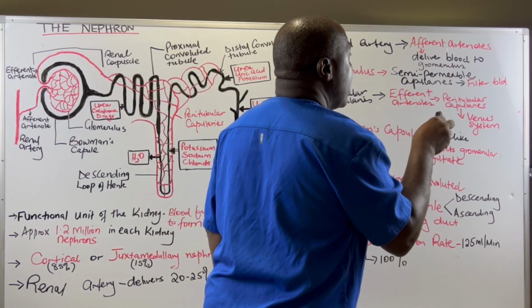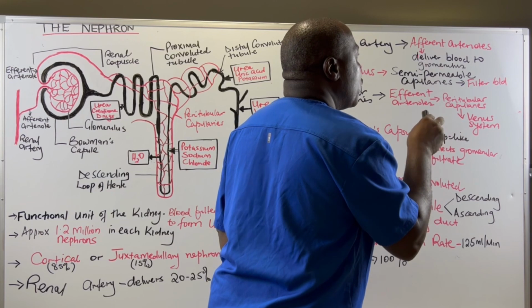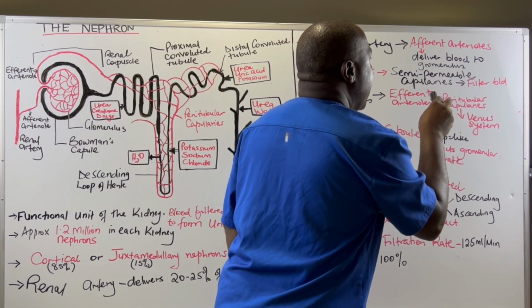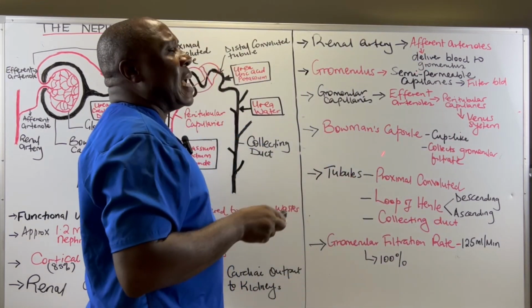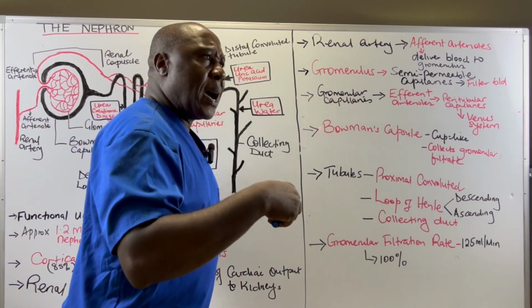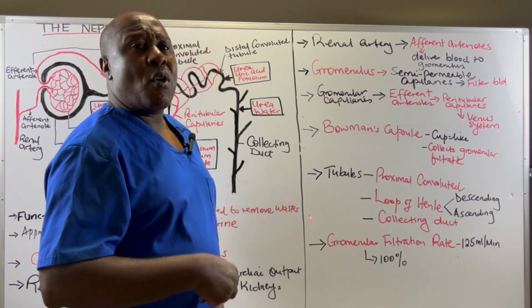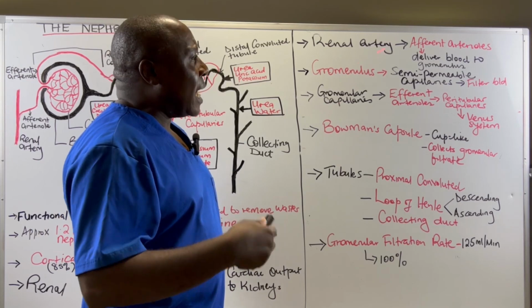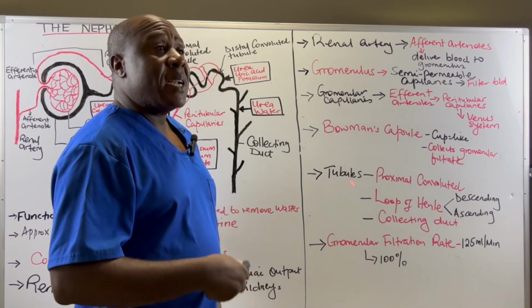As we are going to see, the nephron has what we call the glomerulus, and the glomerulus contains a network of semi-permeable capillaries that actually carry out the blood filtration.